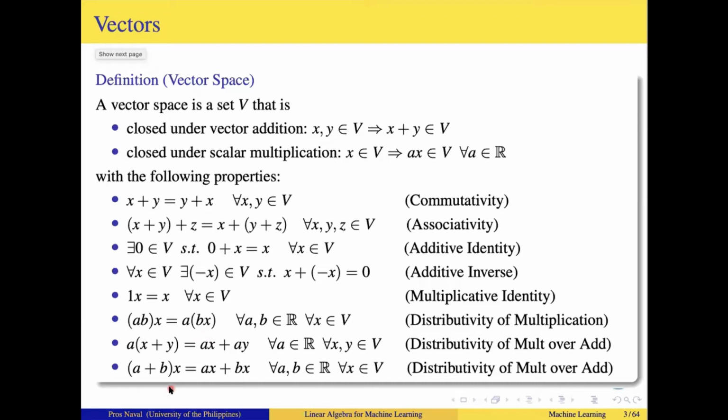Distributivity of multiplication over addition. This means that given two vectors and a scalar, the product of the sum of the two vectors is the sum of the products of the scalar and the individual vectors. And similarly, given two scalars and a vector, the product of the sum of the two scalars and the vector is equal to the sum of the products of the vector and individual scalars.